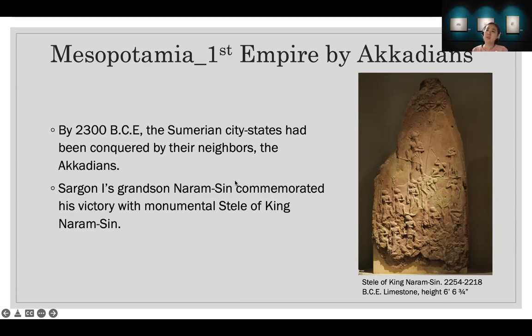Sargon I's grandson, Naram-Sin, commemorated his victory over the Lullubi people of eastern Mesopotamia with the monumental stele of King Naram-Sin. So this is it. It pictures the Akkadian king dressed in godlike regalia and striding confidently over the defeated soldiers.